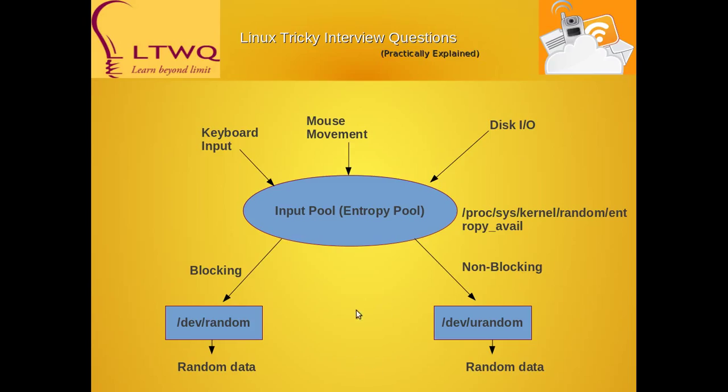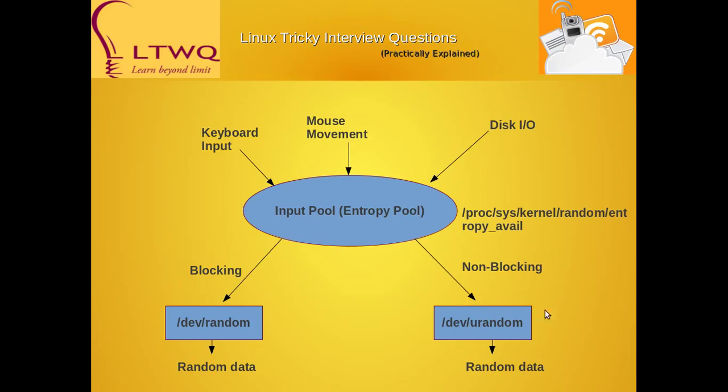Now understand the difference between these devices. /dev/random will generate the random data according to the value in the input pool, but when the input pool gets exhausted, /dev/random will block the random data generation process, and it will remain blocked until additional data has been collected into the input pool, which slows down the random generation process.